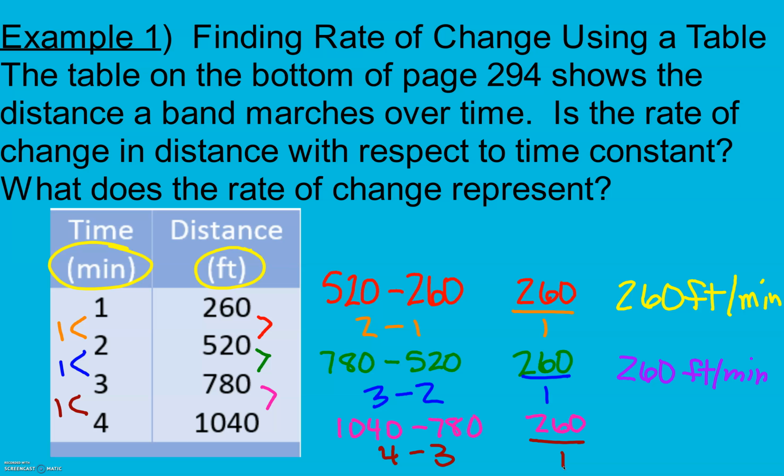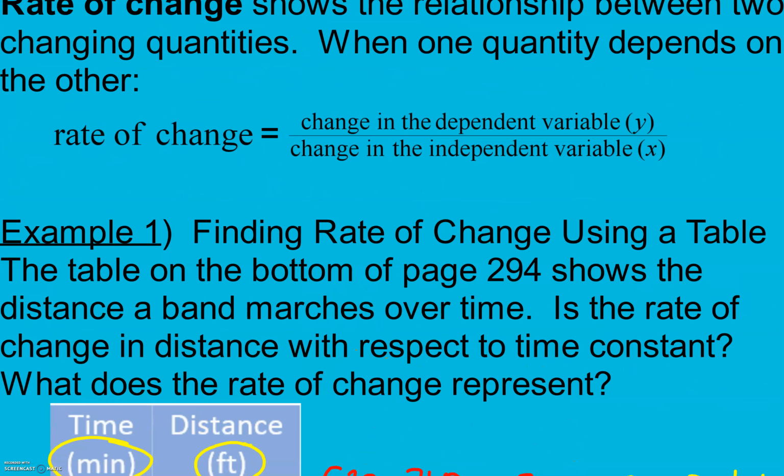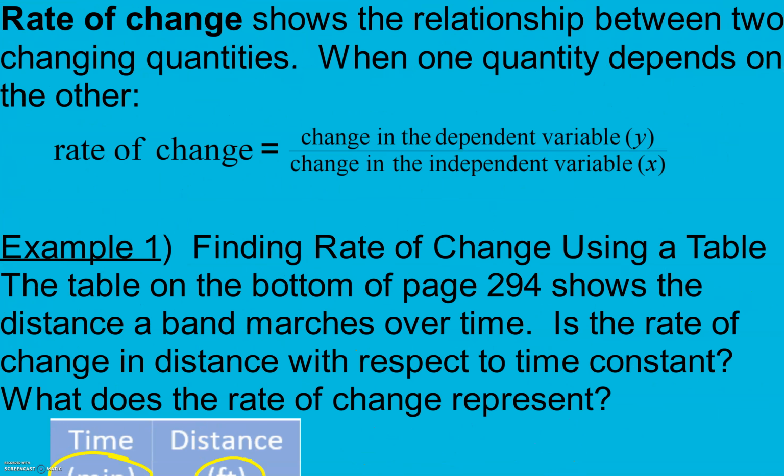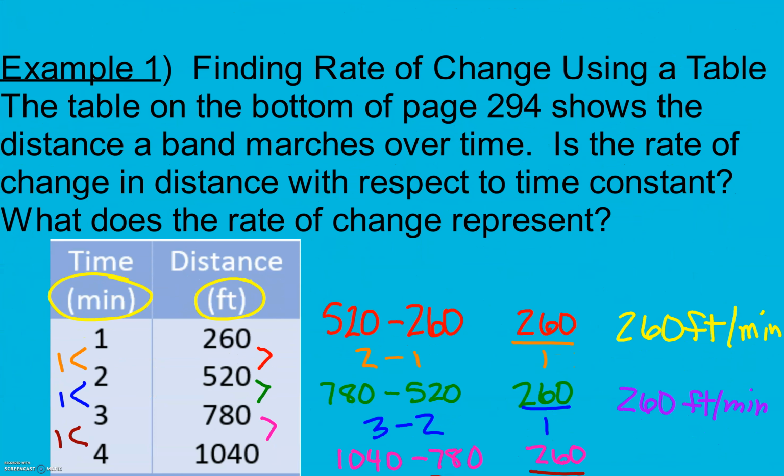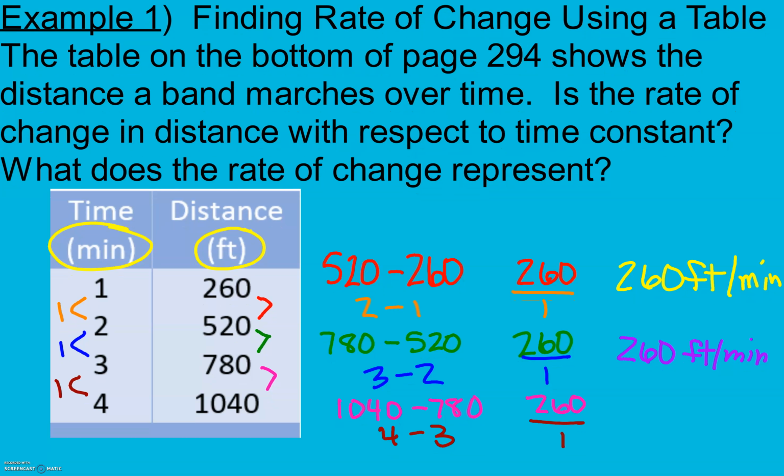And it's distance with respect to time. We find the ratio of them: our change in dependent over our change in independent. So it's our change in output over our change in input, our change in distance over our change in time, which again is going to be 260 feet per minute.